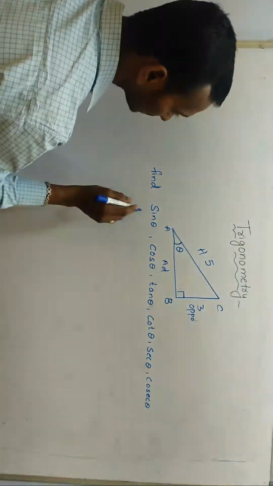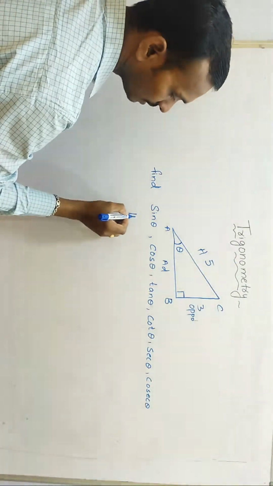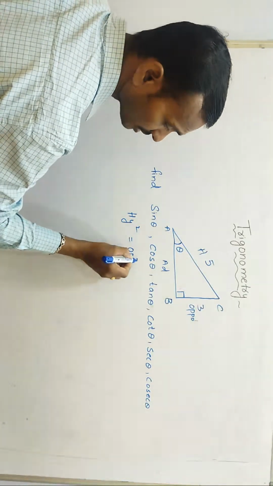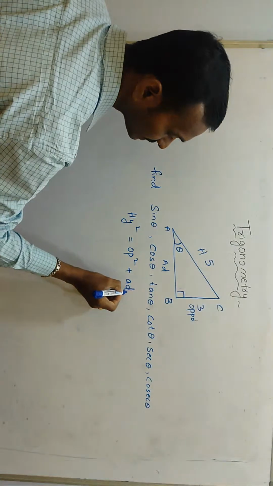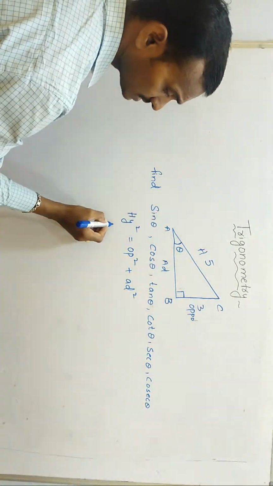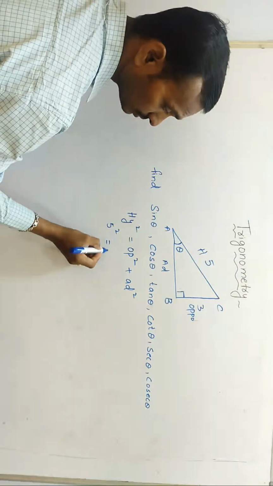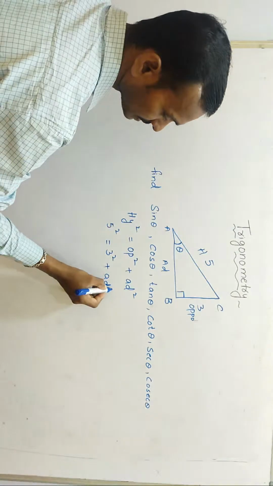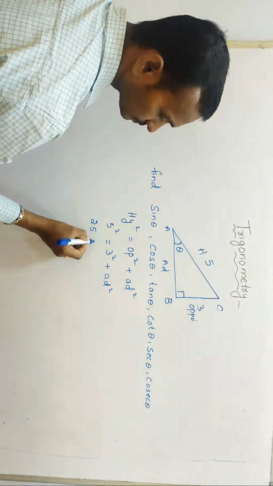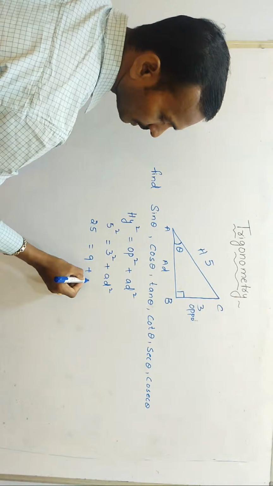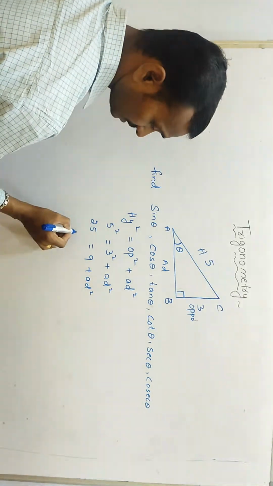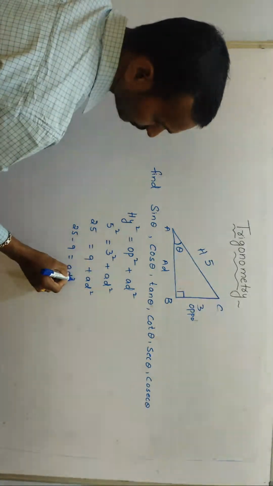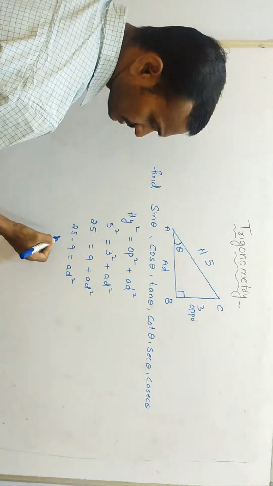Here the hypotenuse is 5. 5 square is equal to 3 square plus adjacent square. So 25 is 9 plus adjacent square. 25 minus 9 equals adjacent square. 16 is the difference.